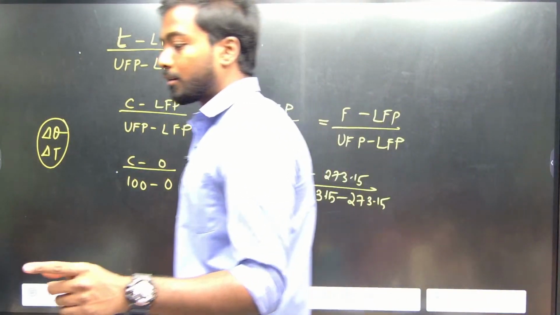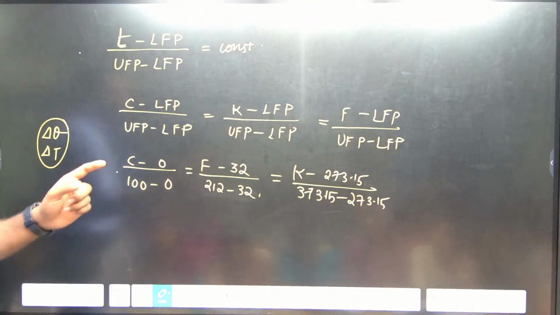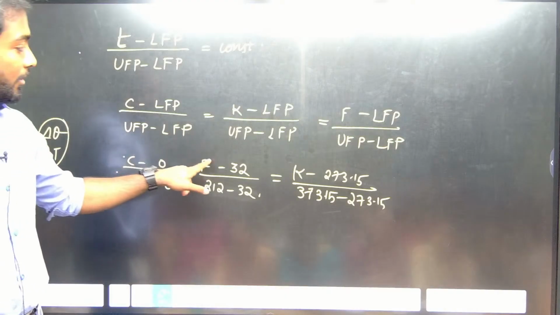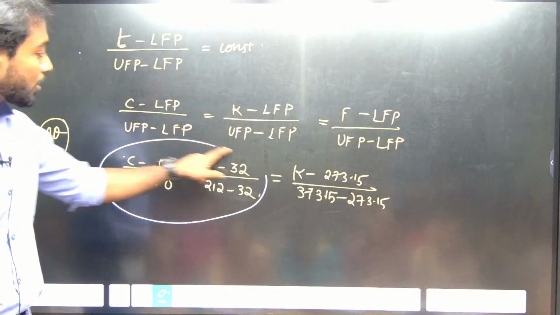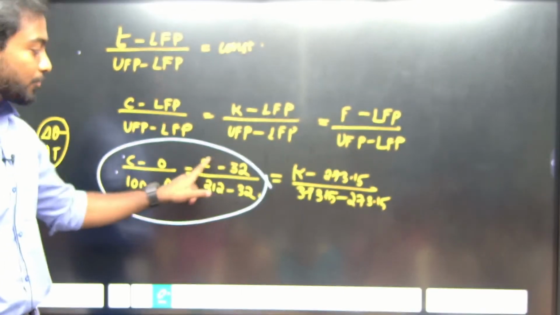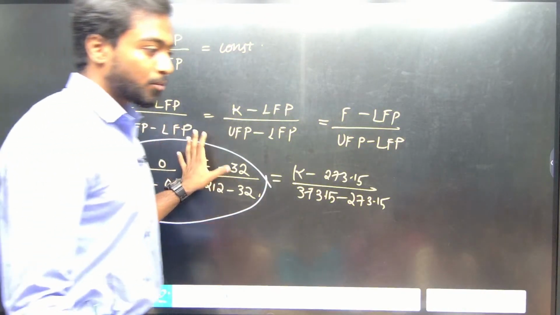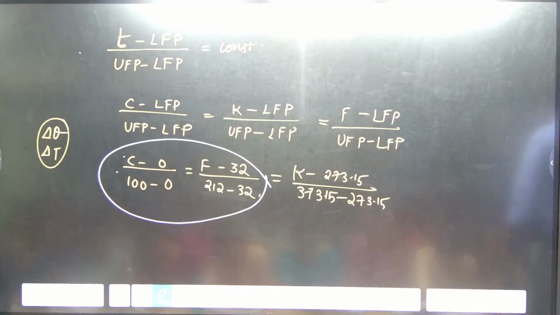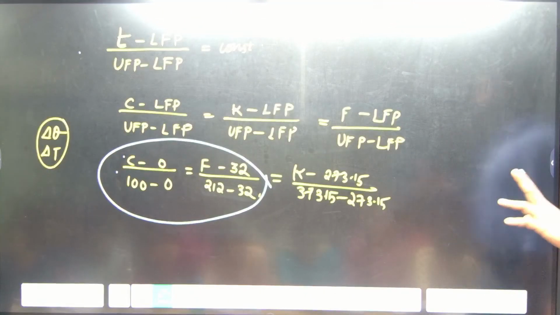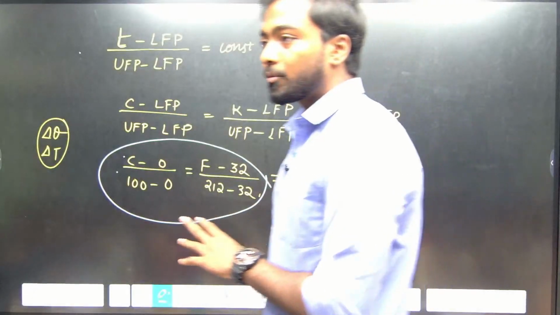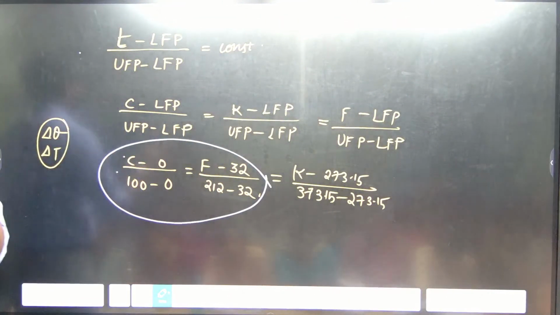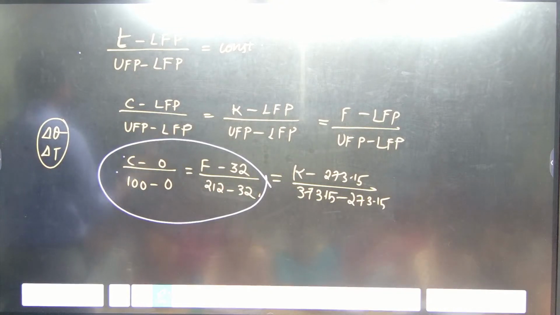If they have given a temperature in Celsius, keep that in C. If they are asking F, consider only these two equations, then find F. They have given the value of C, which is minus 183. Substitute that value and get the answer for F. Now the second question: both F and C are equal at which point?